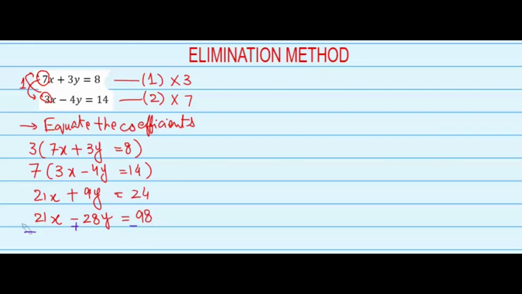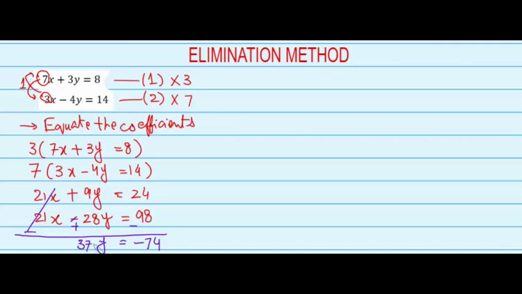So it means the previous signs cancelled. 21 minus 21 gives you 0, so 21x will be cancelled with the 21x. 9y plus 28y gives you 37y, right? Similarly, 24 minus 98 gives you minus 74.